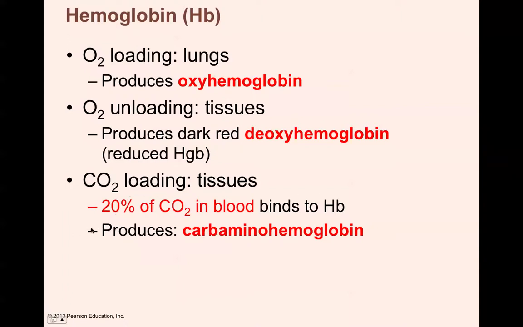So at the level of the tissues, about 20% of that carbon dioxide in the blood will bind to hemoglobin, although the majority is transported in the blood in other ways, which we will come to later. But of that CO2 that binds to hemoglobin, that will now be termed a carbaminohemoglobin. We like to use a lot of compound words here.